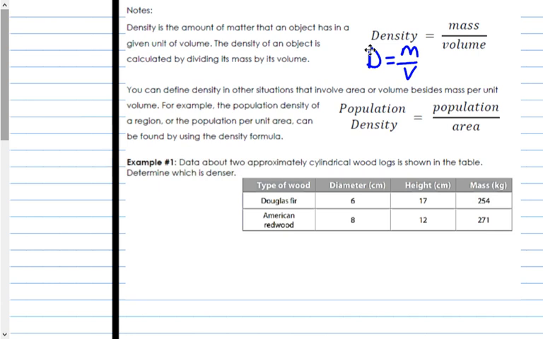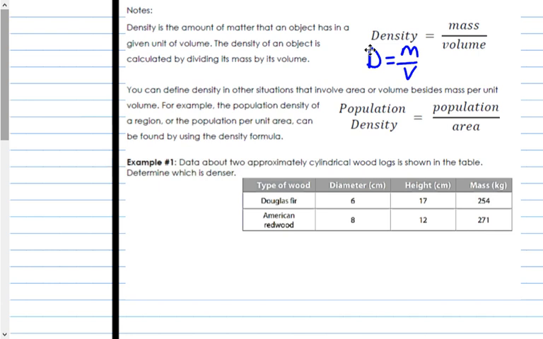You also can define density in other situations that involve area or volume besides mass per unit volume. For example, the population density of a region, or the population per unit area, can also be found by using the density formula. So the population density is equal to the population divided by the area. So how crowded an area is would be its population density.